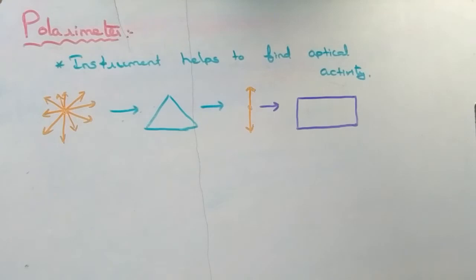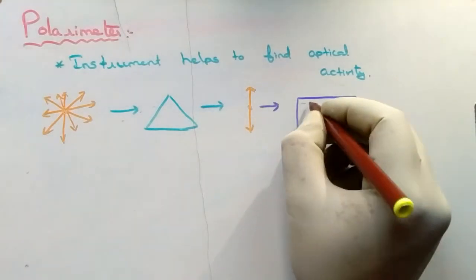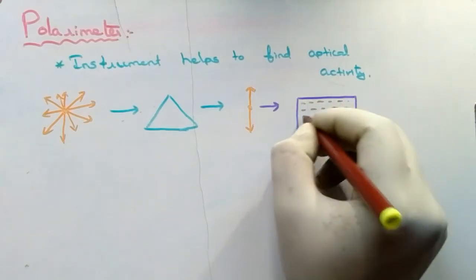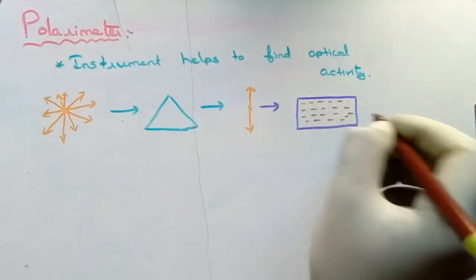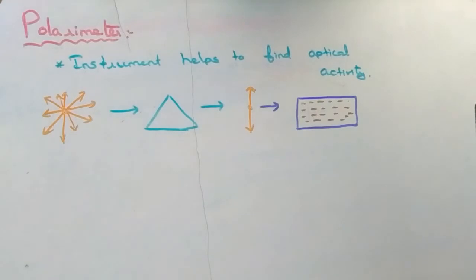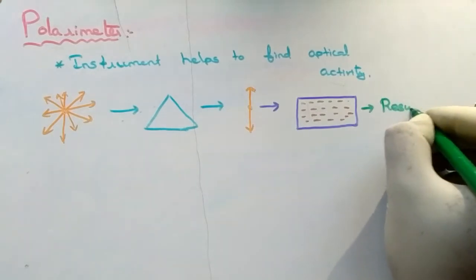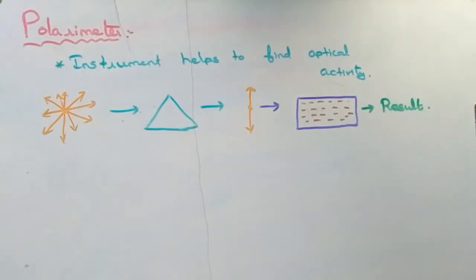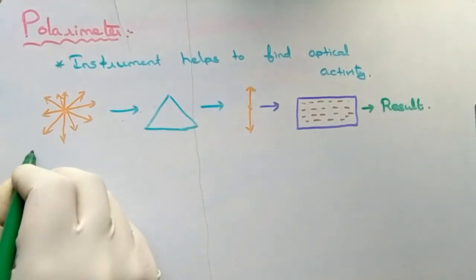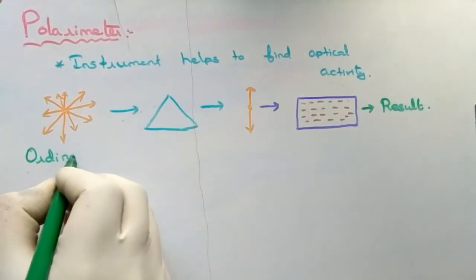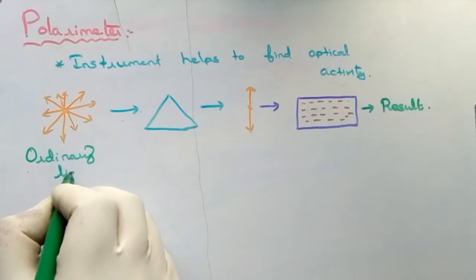Inside the tube, the chemical compound which is going to be analyzed is filled. After passing, we will get results. Based on the results, we can come to know whether the sample is optically active or inactive.